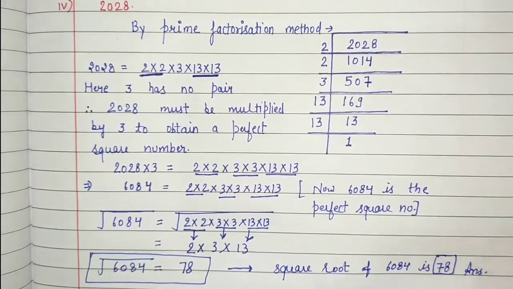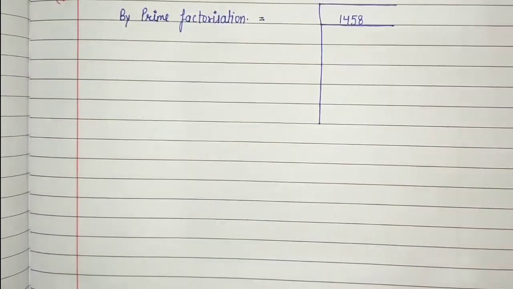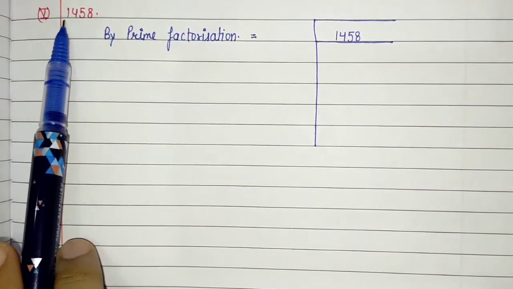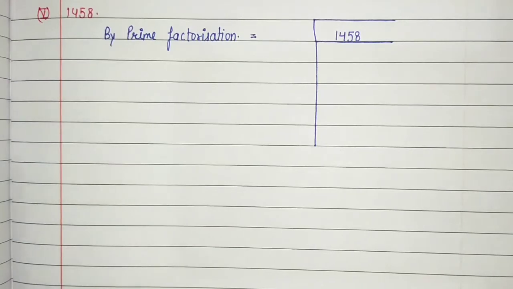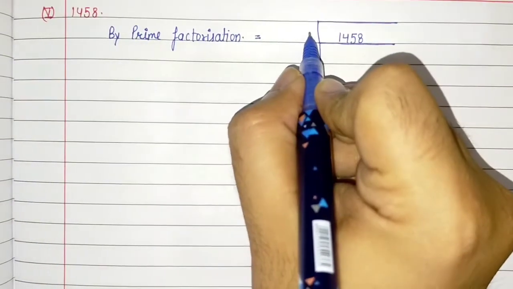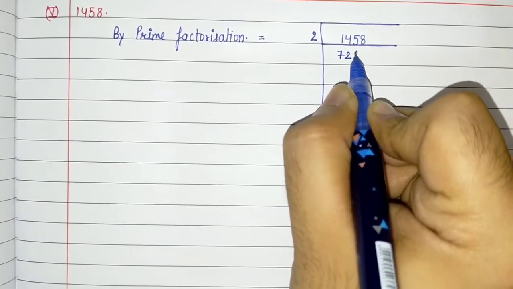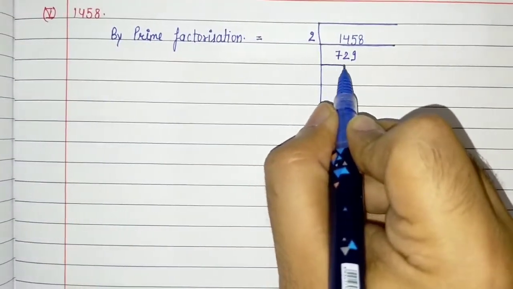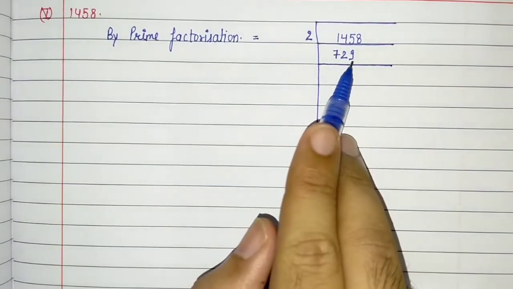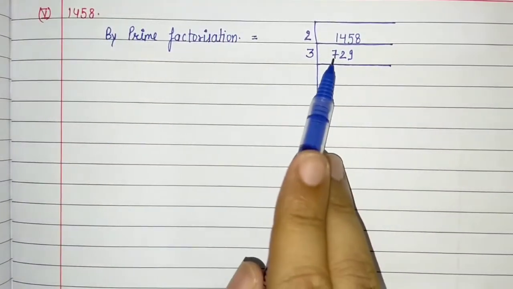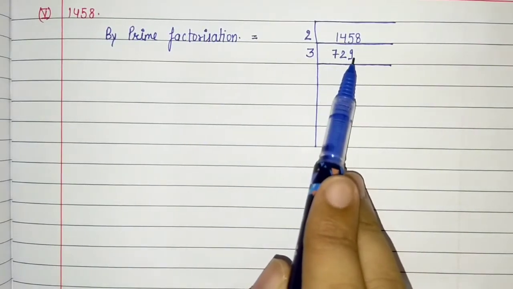Now the fifth part of this question, the number given is 1458. So by prime factorization, divide with 2. If you divide with 2, you will get 729. Now this number is not divisible by 2, so check with 3. 7 and 2, 9, 9 and 9, 18.